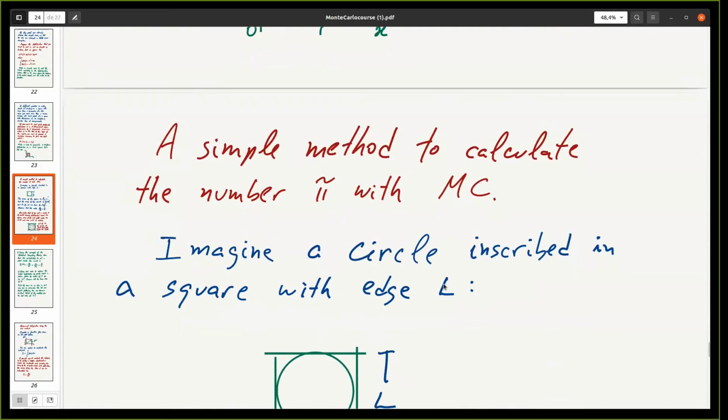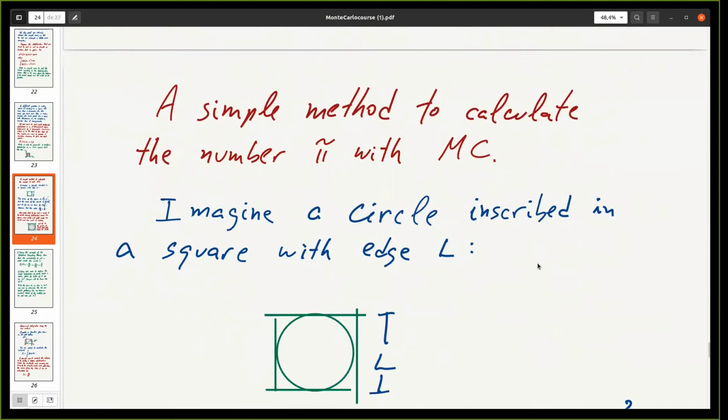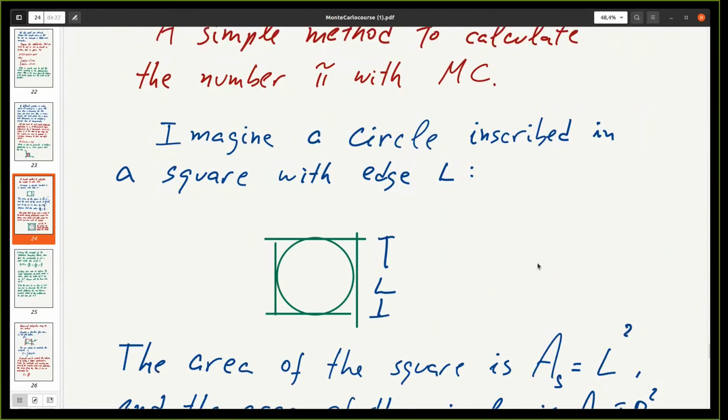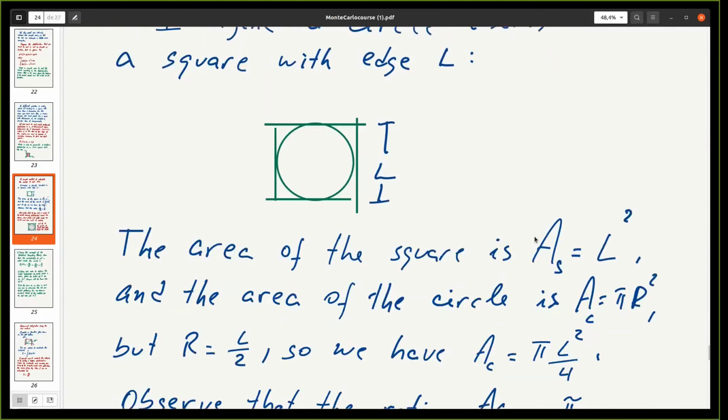So let's see, a more interesting application is the use of the Monte Carlo method to calculate the number pi with some precision that we can choose. So imagine that you have a circle inscribed in a square with edge L, like this one. The area of the square, AS, is L squared, right?